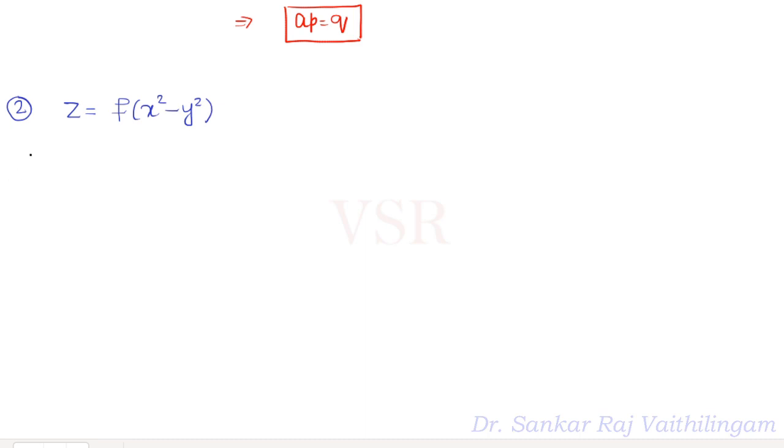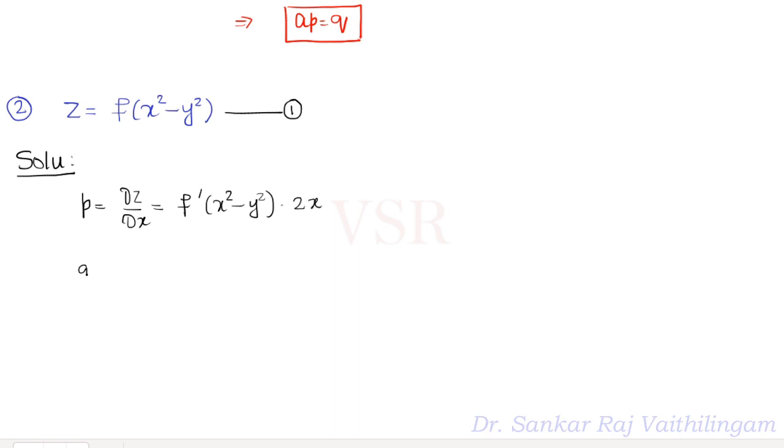Solution: I call this my 1. Differentiate 1 with respect to x, that is p, which is equal to ∂z/∂x, which is f dash of x square minus y square into 2x.